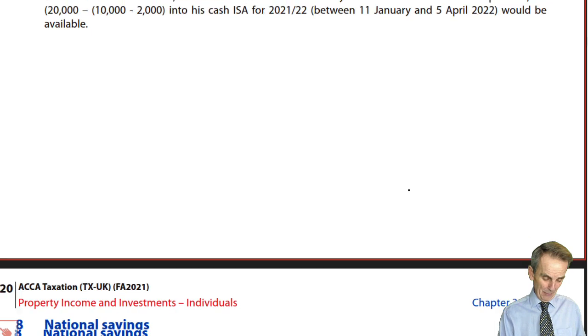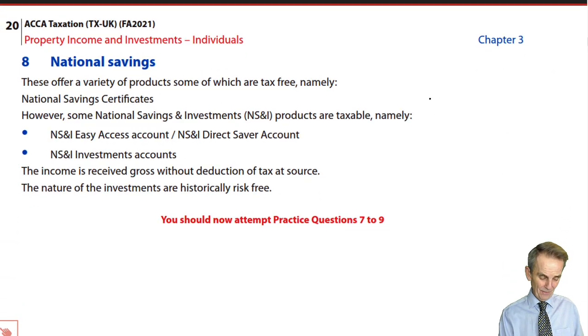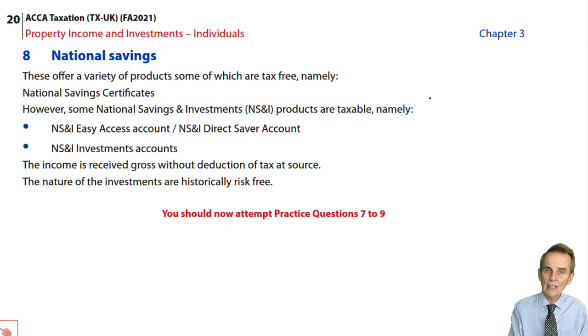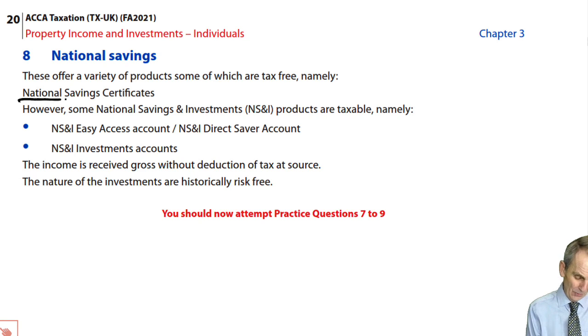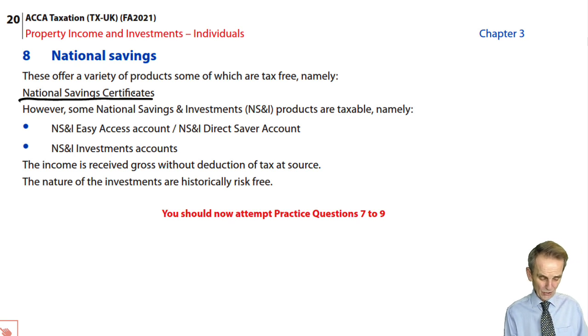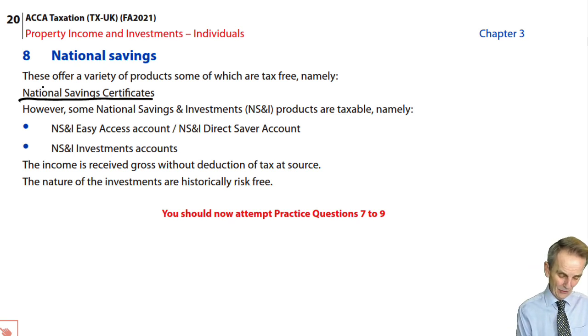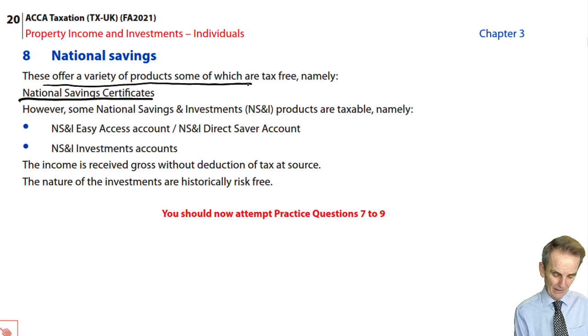The other main point here is about national savings. We did refer in our list of exempt income, not just to ISAs, as we have seen, but also to national savings certificates. And the national savings certificate income was exempt. National savings offer a variety of products, some of which are tax-free, and our favourite one, national savings certificates. But we did say that if we had national savings and investment accounts, then that would create taxable income.